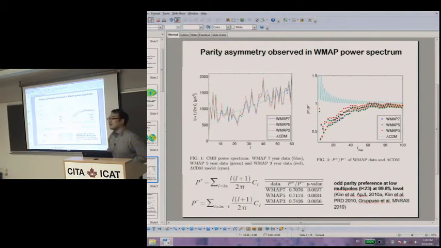Okay. And so does your 99.8% preference include the fact that you got to choose what LMAX was? You just chose LMAX to be... Yeah, it's a posterior bias and cherry picking, according to one of the referees of one paper. But we followed the referee's recommendation and marginalized over the choice of the LMAX, and we got the same level of statistical significance.